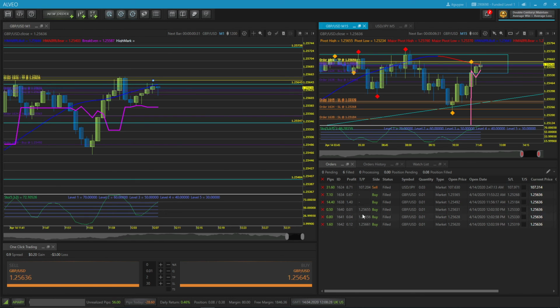So we have good correlation that as our pound moves up, our yen will move down. Does that make sense?